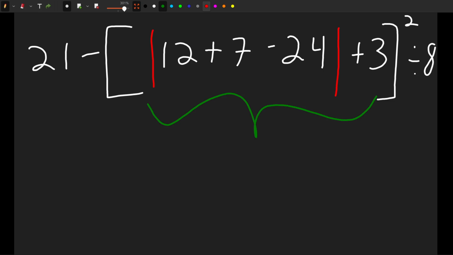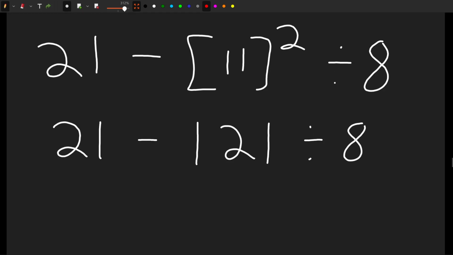So 12 plus 7 is 19, minus 24, we would usually end up with -5. However, that's inside an absolute value, and then we're going to add 3. And so the absolute value of -5 is now +5. 5 plus 3 now is 8.